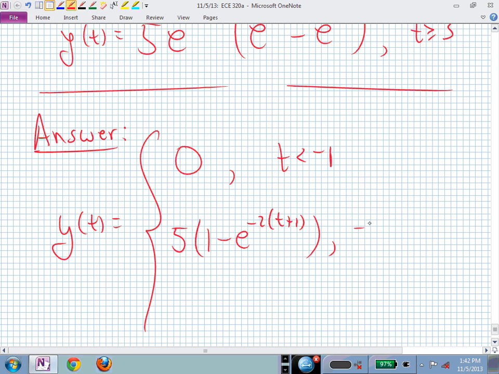That was true as long as t was bigger than minus 1 and less than 3. And then we had 5e to the minus 2t, e to the 6 minus e to the minus 2, for t greater than or equal to 3.